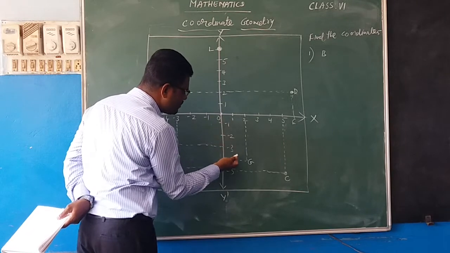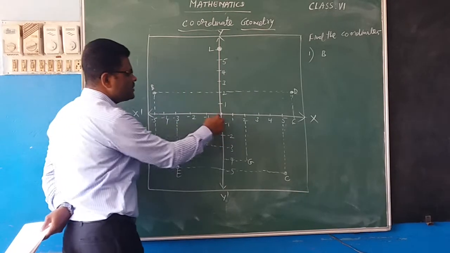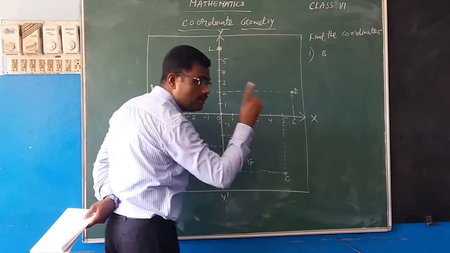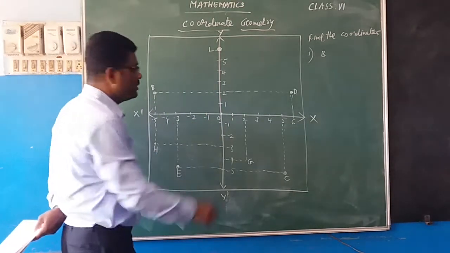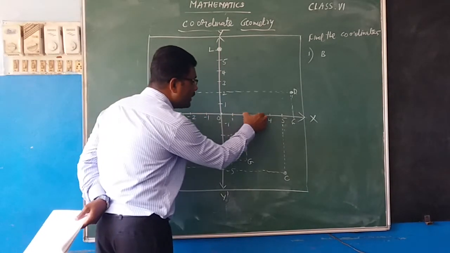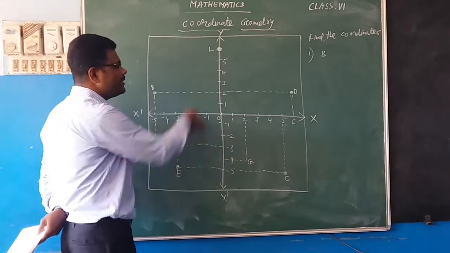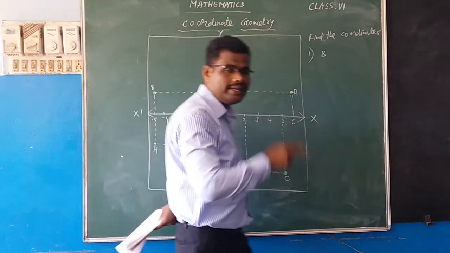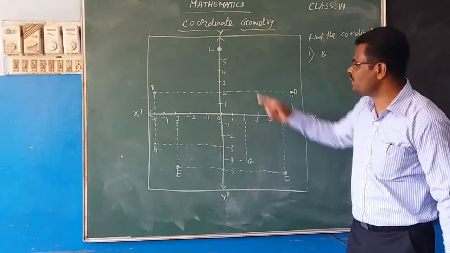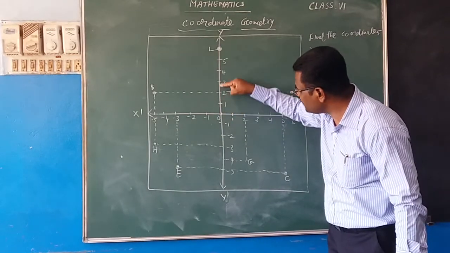The distance between each coordinate should be 1 centimeter, either on the x-axis or the y-axis.